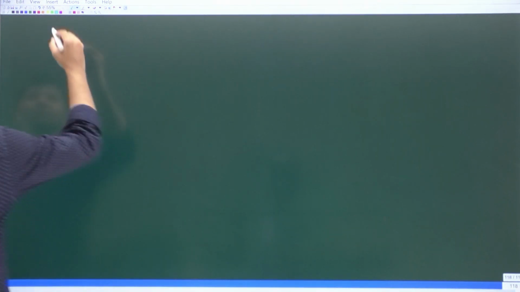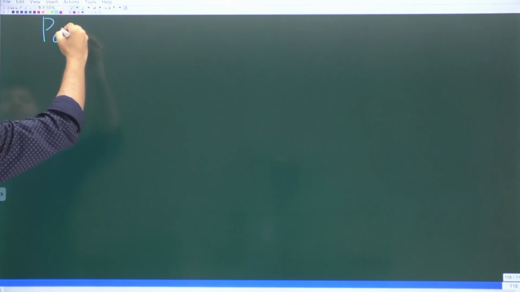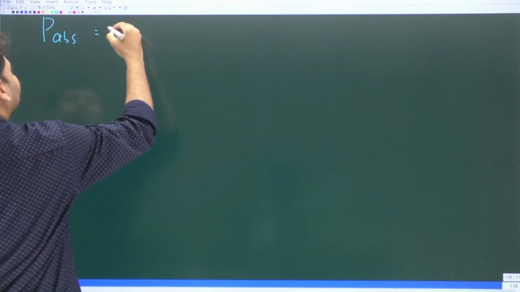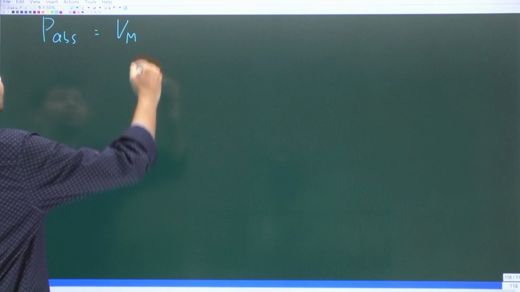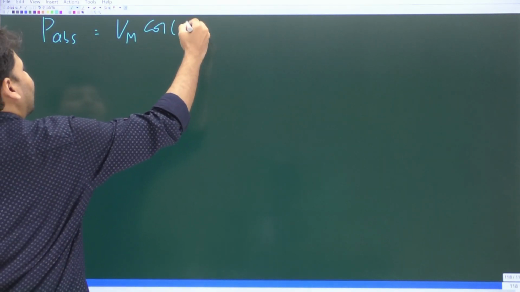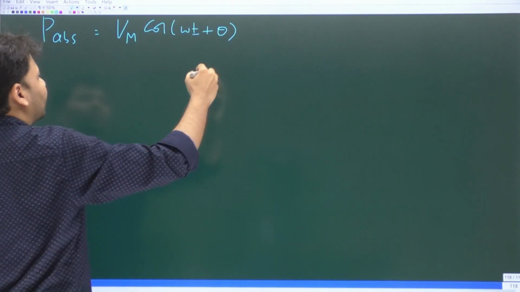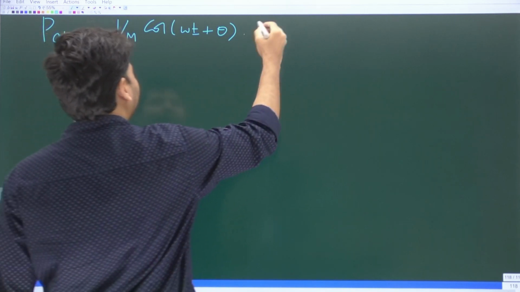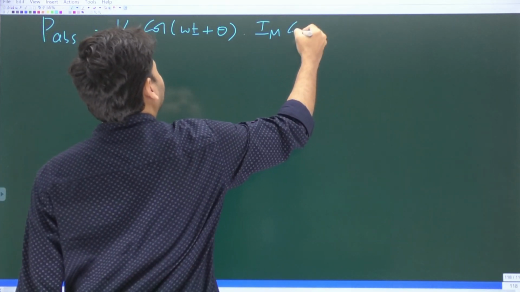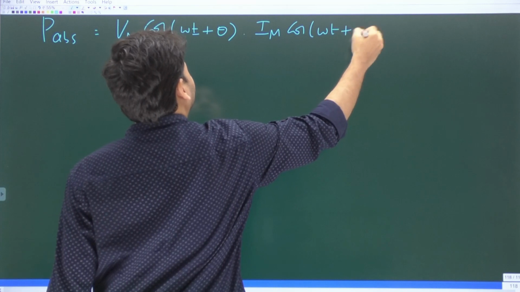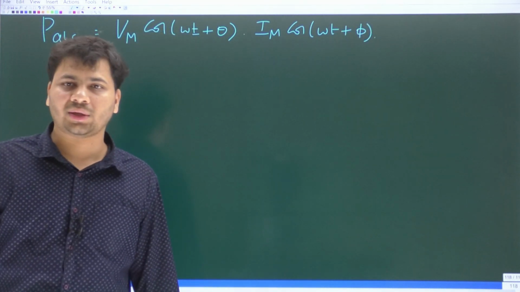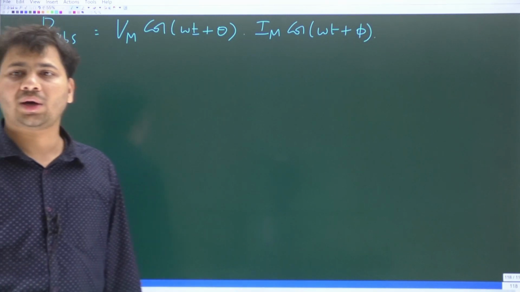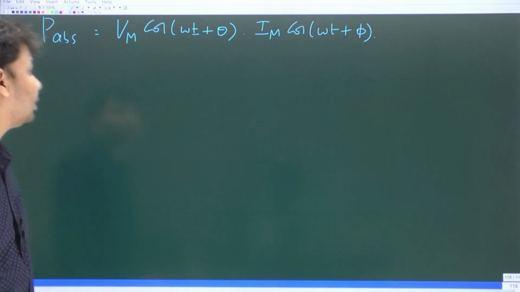Look at this. So P absorbed is v of t into i of t. So v of t is Vm cos(omega t plus theta) times i of t, which is Im cos(omega t plus phi).